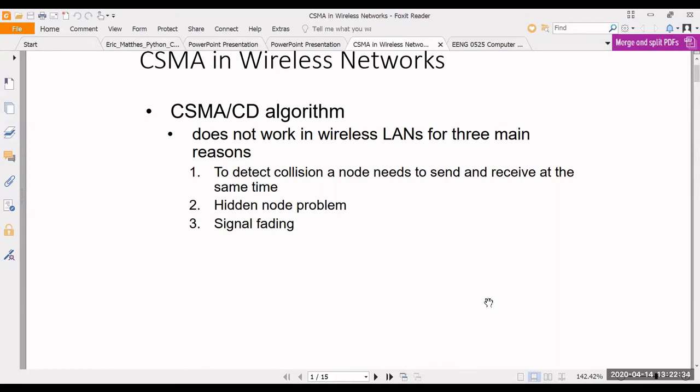The CSMA/CD algorithm doesn't work in wireless LAN for 3 main reasons: detecting collision of a node that needs to send and receive at the same time, the hidden node problem, and signal fading. These are the 3 reasons.